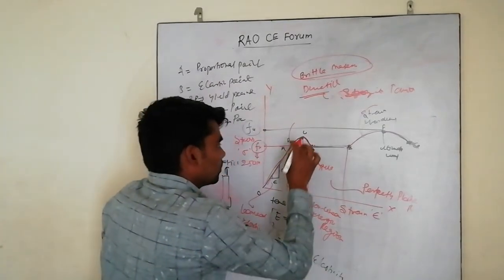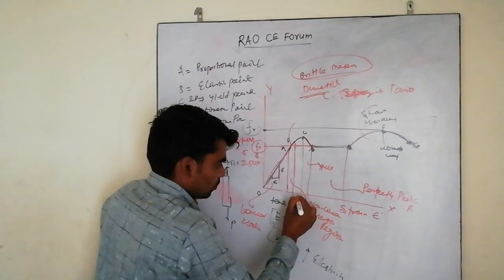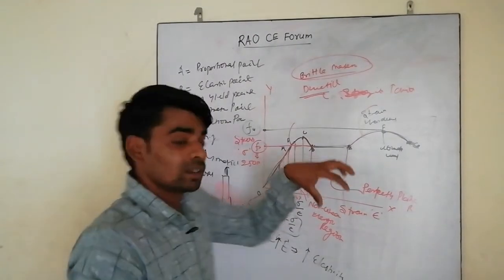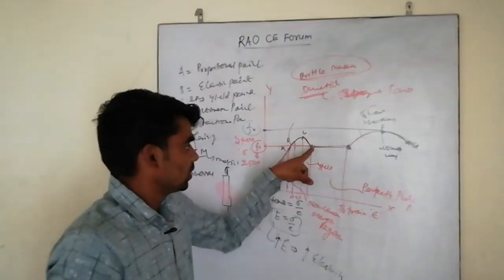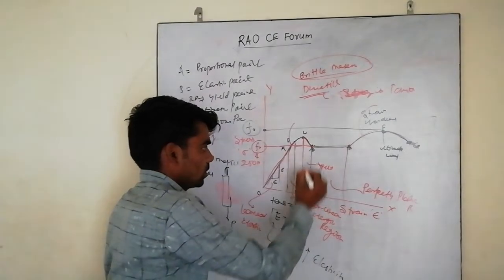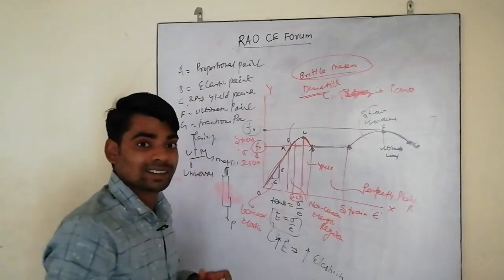This is at 0.2 percent strain, 0.002. At point C, it shows the yielding point at 0.2%.